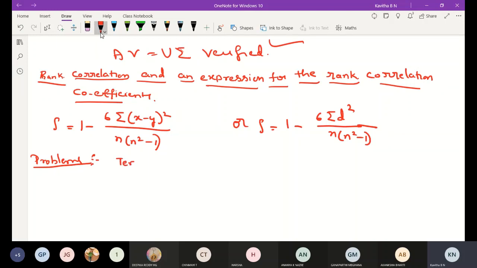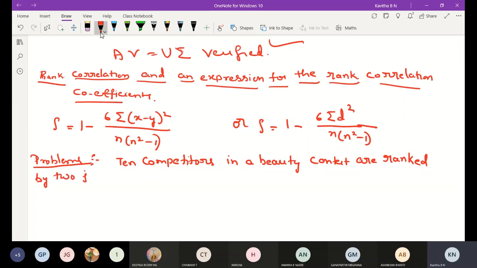Ten competitors in a beauty contest are ranked by two judges in the following order.